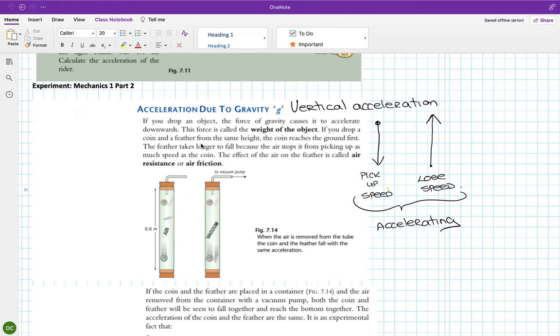So we're looking at the acceleration that is caused by the force of gravity.